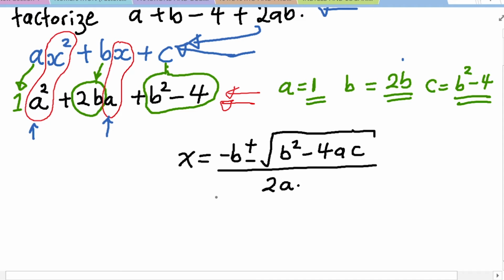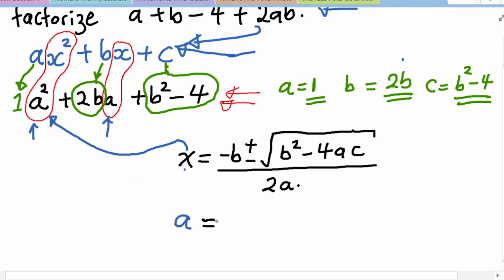So I'll come here and say that where there is x, I put a. My value of x according to this expression is the a.